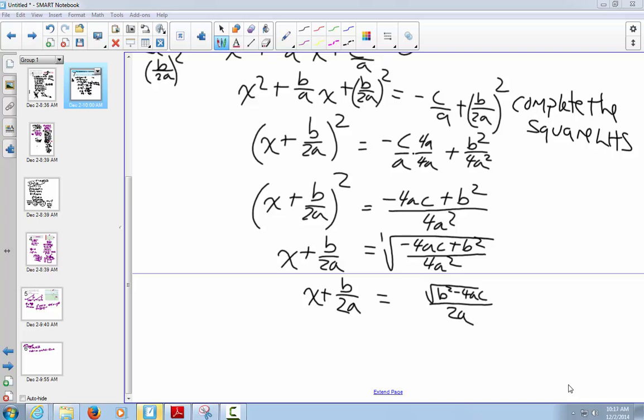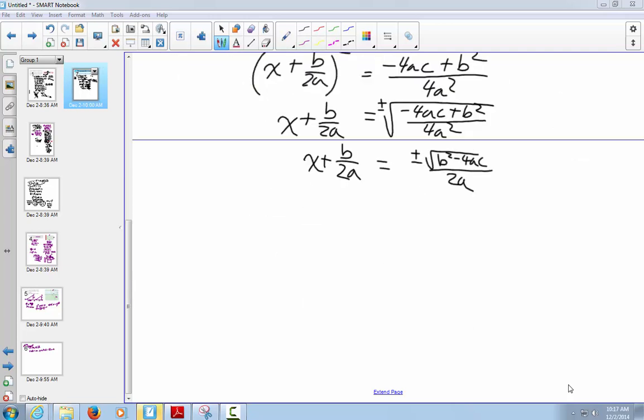Oh, because we took the square root, we have plus or minus. Very important, we can't forget that, because the next step that we're going to run into is we're going to subtract b over 2a from both sides. So we have x equals negative b over 2a plus or minus the square root b squared minus 4ac over 2a.